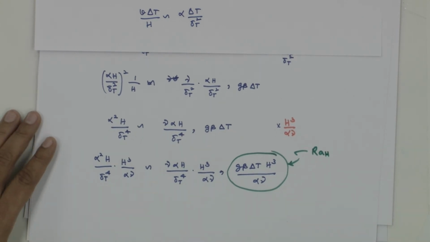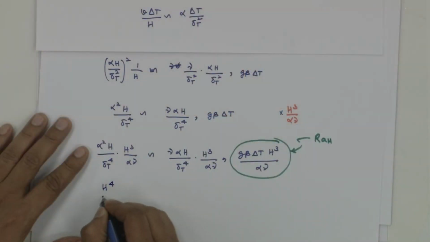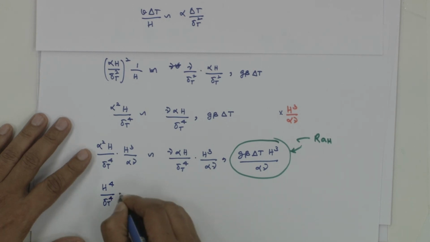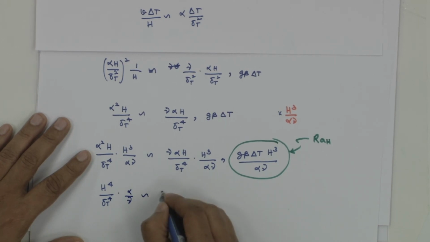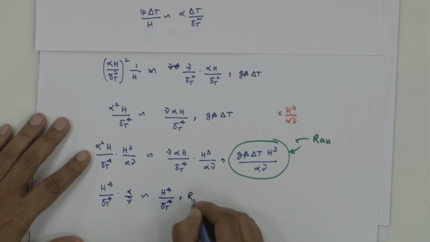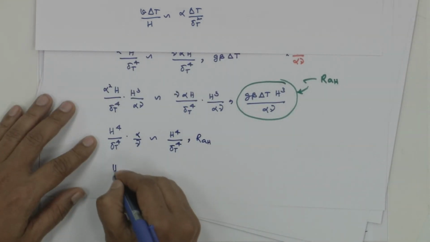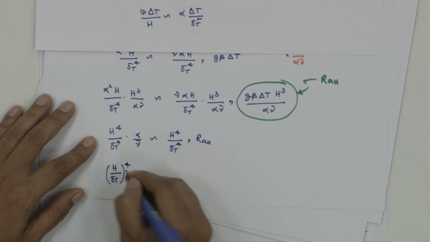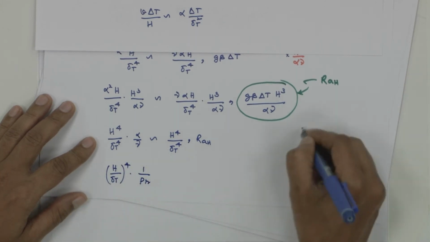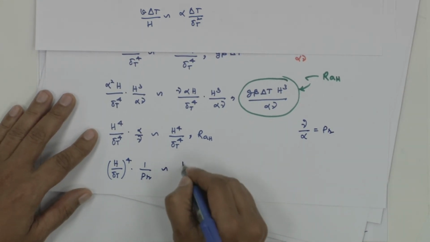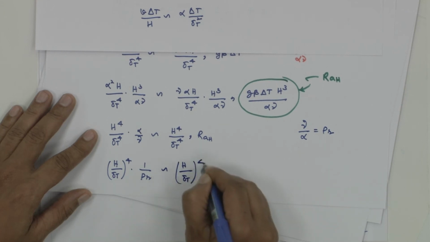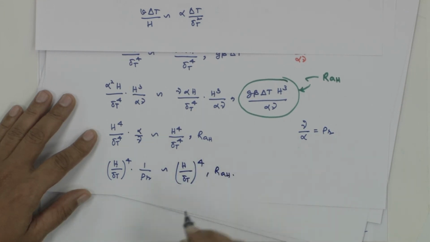So what do I get on the right hand side? I get h to the power of 4 upon delta t to the power of 4, comma Rayleigh number. On the left, h by delta t to the power of 4 into alpha by nu, which is 1 by Prandtl number, because nu by alpha is my Prandtl number. So this is of the order of h by delta t to the power of 4, comma Rayleigh number.